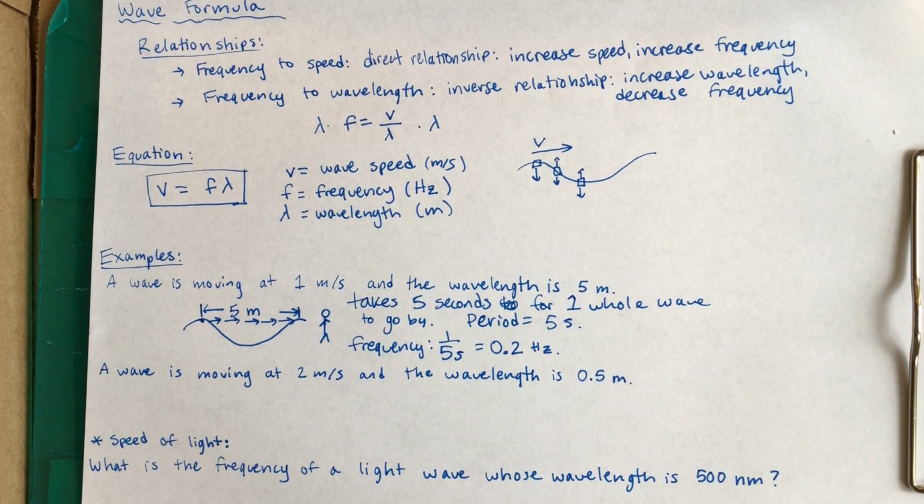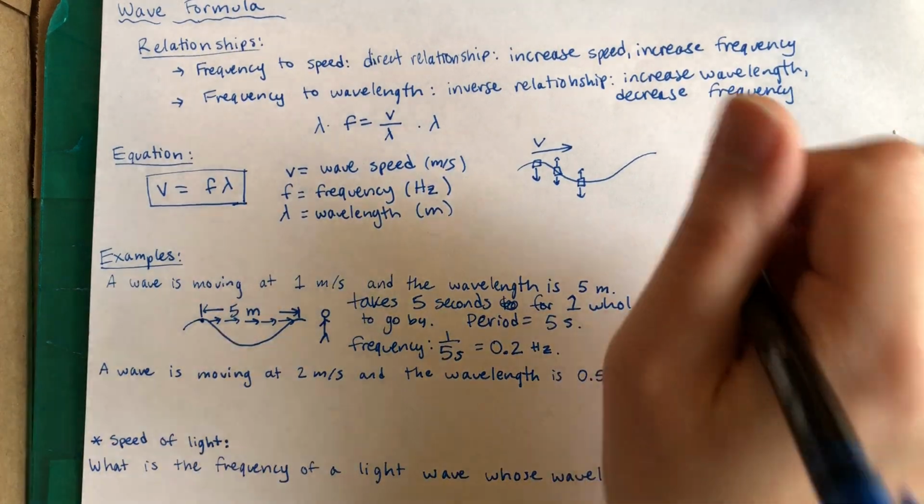It makes intuitive sense that the period would be how long it takes for the entire wave to pass, and then from that we can get the frequency. So hopefully it makes intuitive sense and you can picture this happening. And this does also work out from the math perspective.